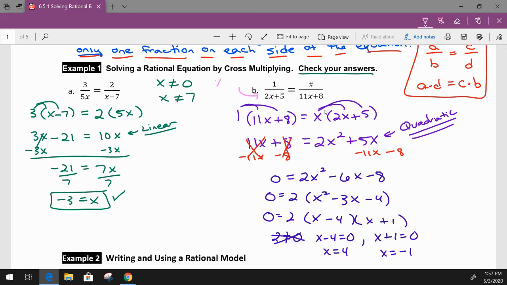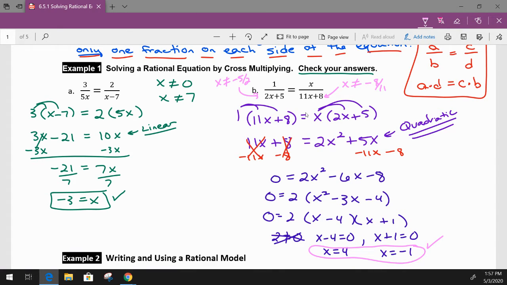So from that denominator, I can say that x cannot equal negative 5 halves. From this original denominator, I would say x cannot equal negative 8 elevenths. So neither one of the solutions that we got were either one of these. So we checked our solutions.